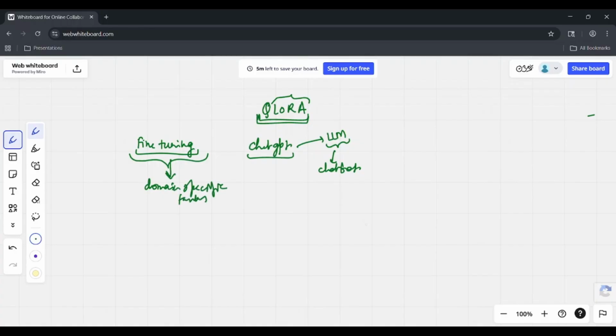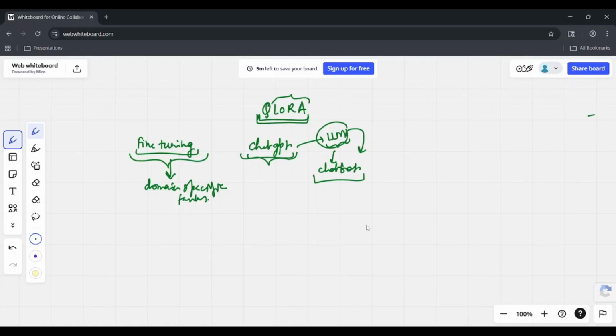For example, ChatGPT is based on an LLM, but it has been fine tuned so that it behaves like a chatbot. Let's say you ask a question, then it does not directly start with the answer, right? It says, great question, and then it gives you the answer, because it has been customized and updated in a way that it behaves like a chatbot. So this is what fine tuning is.